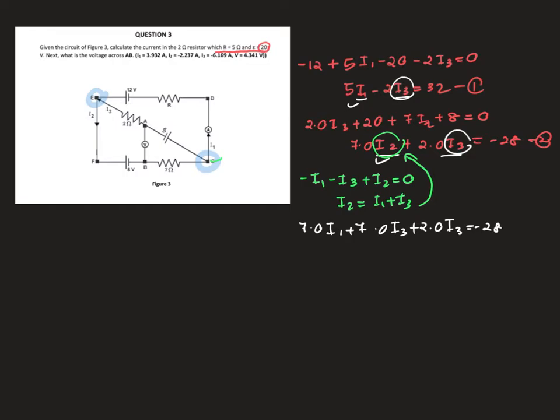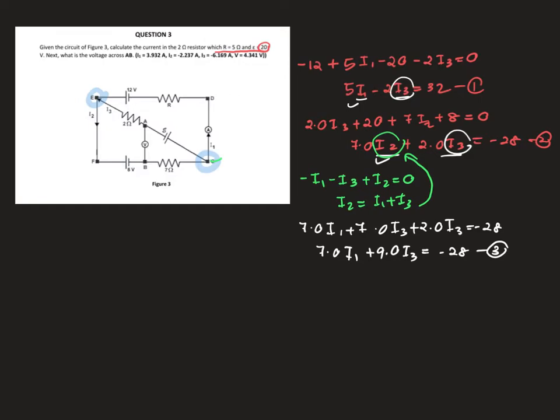So my new equation will be 7.0 I1 plus 9.0 I3 equals negative 28. So this is going to be my third equation.